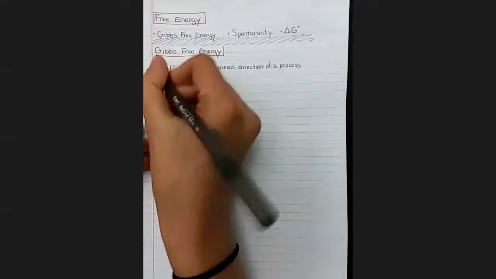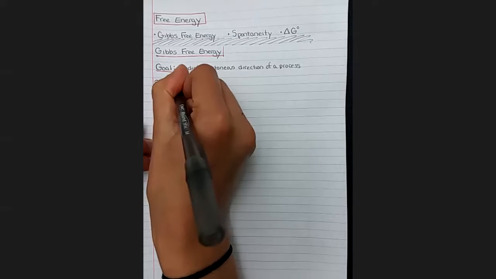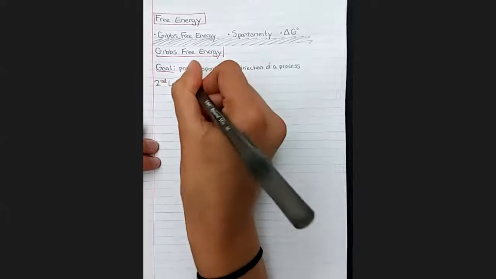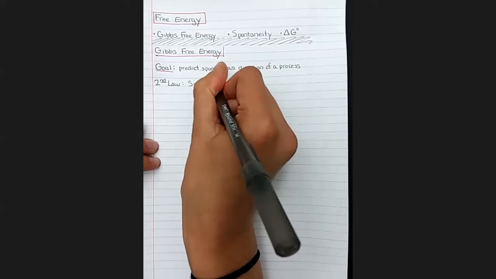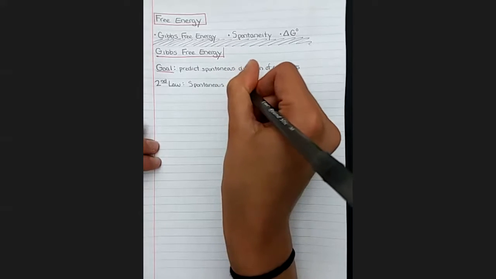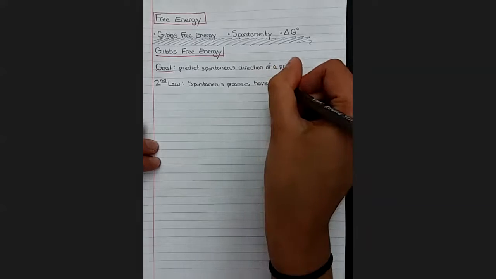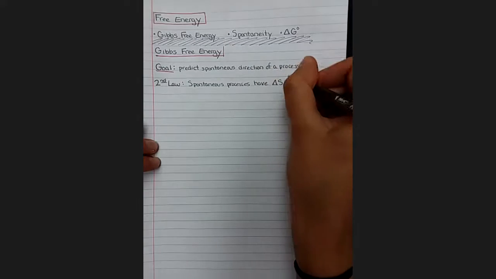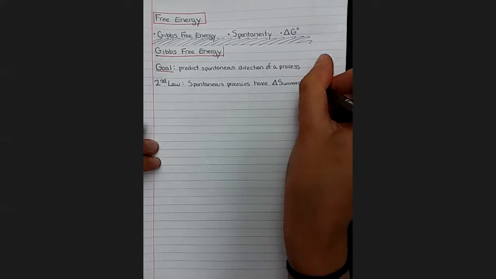Okay, so we're looking to talk about spontaneity. In the last video, we talked about the second law of thermodynamics, and we said that we did know something about spontaneous processes. We said spontaneous processes have a change in entropy of the universe greater than 0.